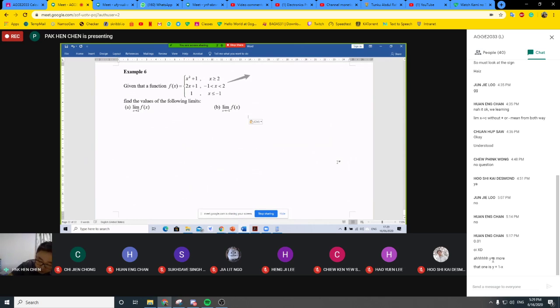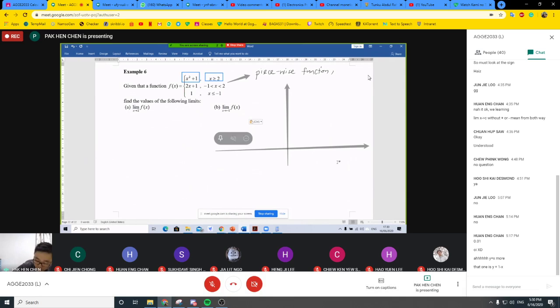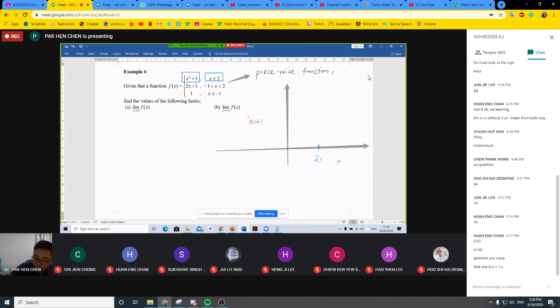This function is actually known as a piecewise function. That means for a different domain, it has a different graph. For the first domain, if I roughly draw it here for your own reference, for x more than 2, when x equals 2, when I do the substitution I have 5, and if I put 3, it will become 10.